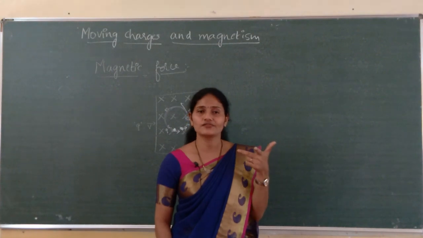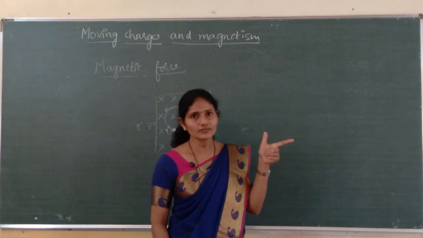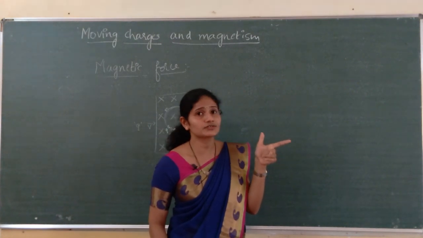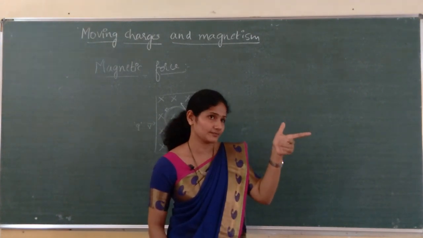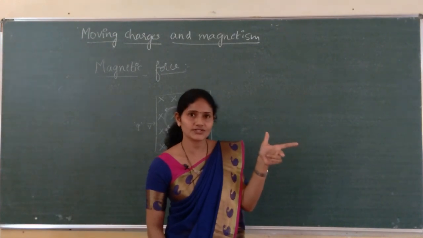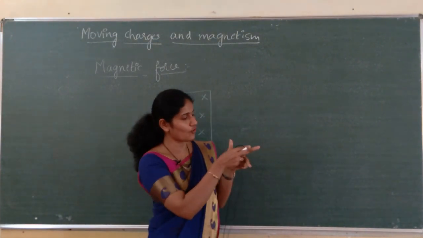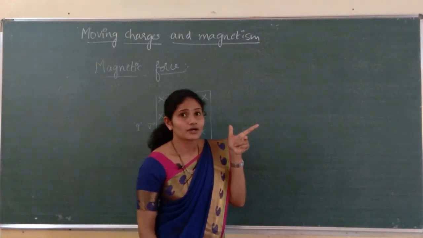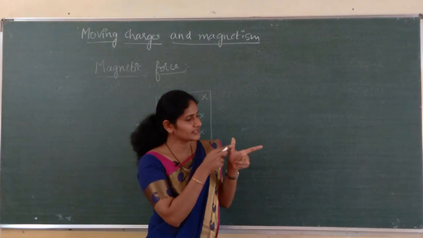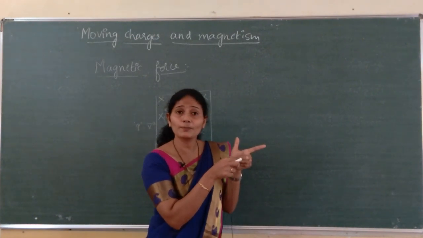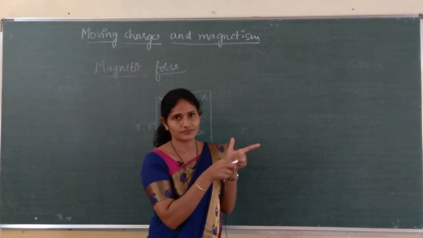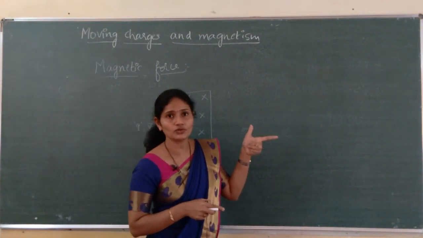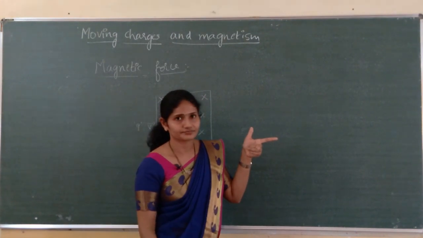So to understand Fleming's left hand rule, what you have to do is stretch the first 3 fingers of your left hand like this, and you should remember that these 3 fingers should be perpendicular to each other. All the fingers should be perpendicular to each other. So like this you have to place.